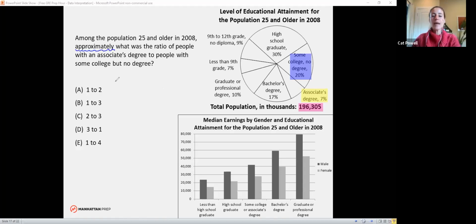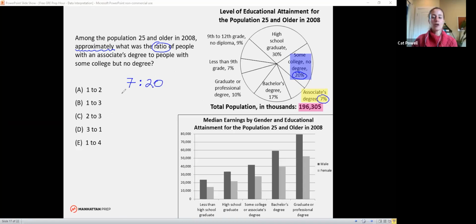And I'm dealing with ratios, which describes relationships, and here I have percents, which are also a way of describing relationships between parts and wholes. So I know that the associate's degrees to the some college and no degree are going to be in a ratio of 7 to 20. And that's going to be true when I have 196,000 people. It will be true if I had 27 people or 100 people. There's always going to be 7 parts here to 20 parts here. So I can just directly connect the percents here.